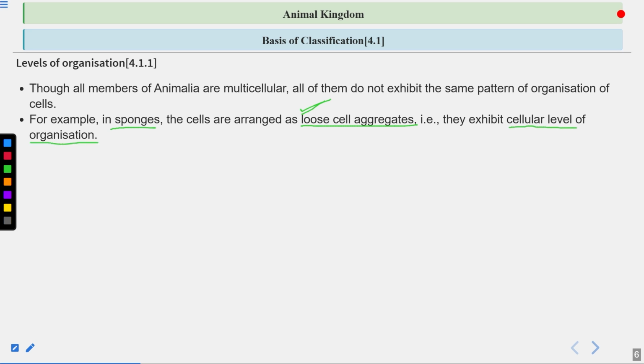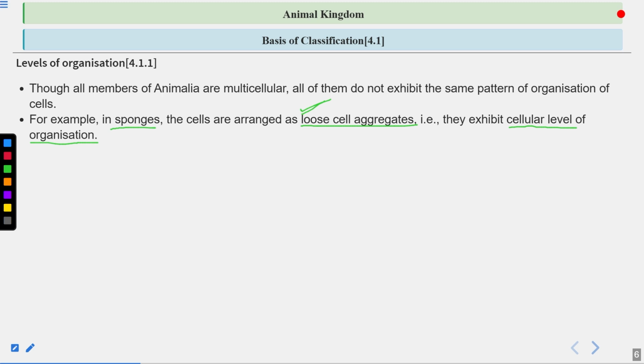The cellular level of organization you see in the case of amoeba, paramecium, and leishmania, right? But those are unicellular organisms. So, cellular grade of organization.